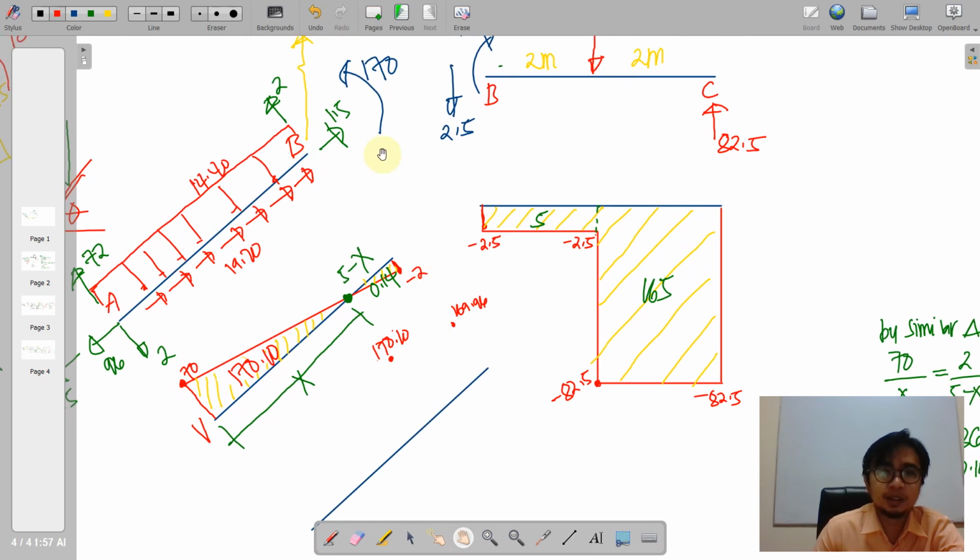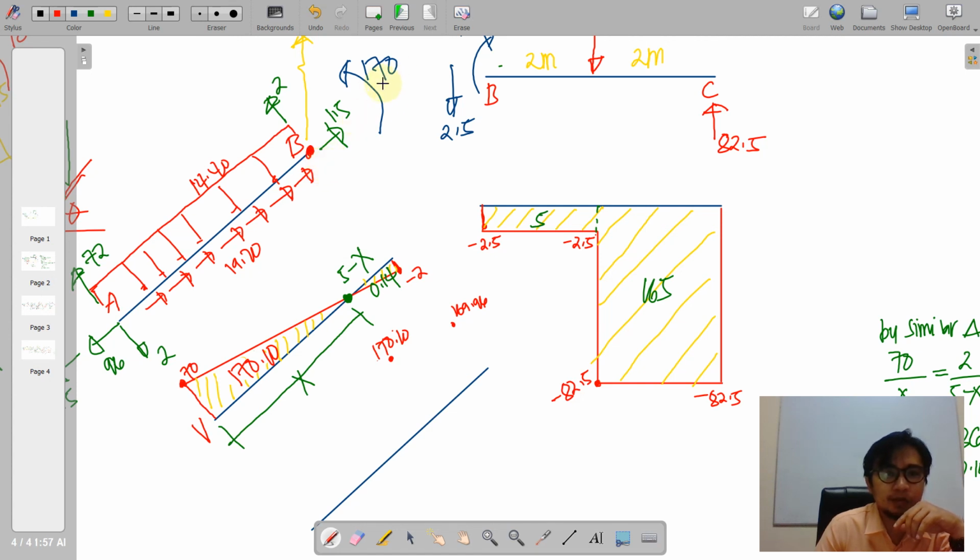And then what about this 170? If we pin this point and then apply 170, it will push our frame inwards. When we have an inwards push of the fiber, therefore it is negative.